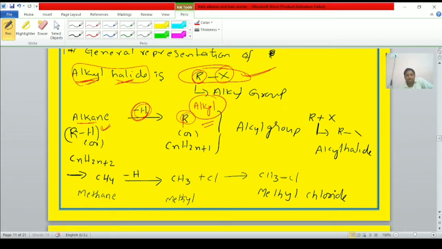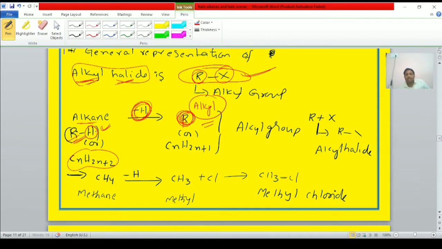The group obtained, the R group, by the loss of one hydrogen atom from an alkane is known as an alkyl group. The general formula of alkane is CnH2n+2, we know that. But RH is also the general formula of alkane.